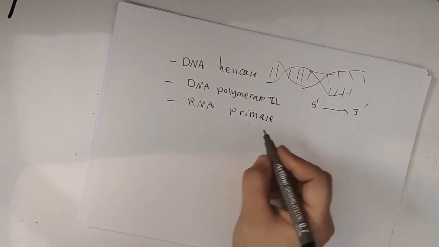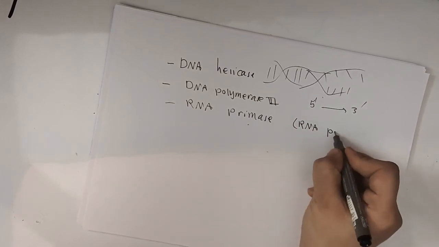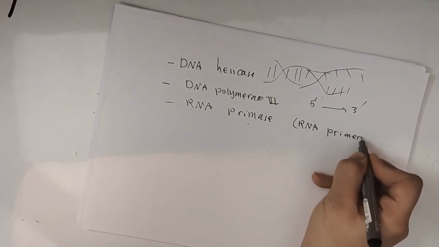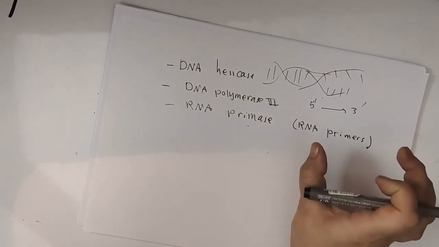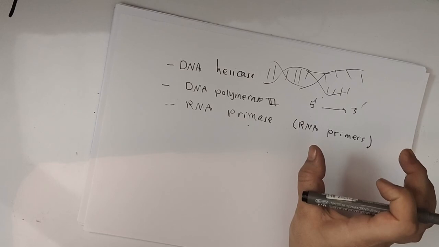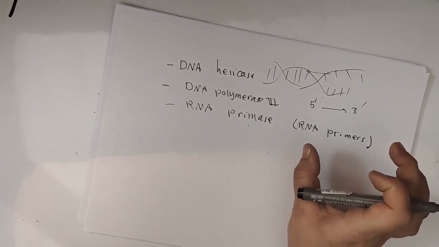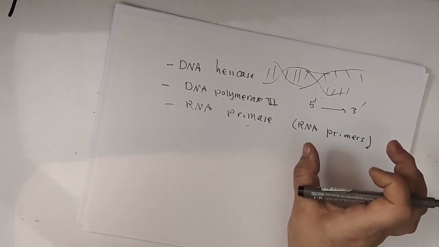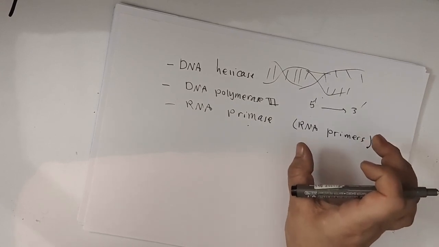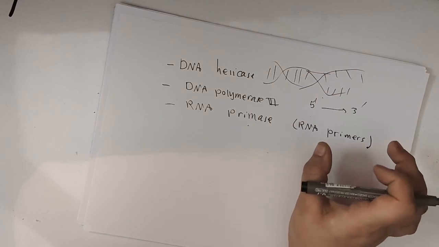So it makes RNA primers and shows where on this lagging strand should be replicated. It shows it to the DNA polymerase.